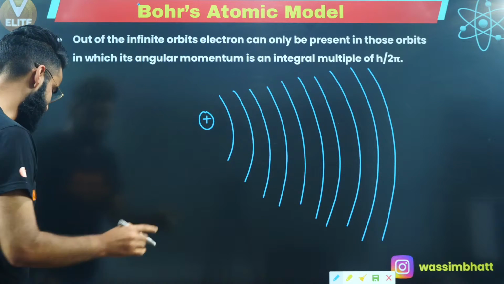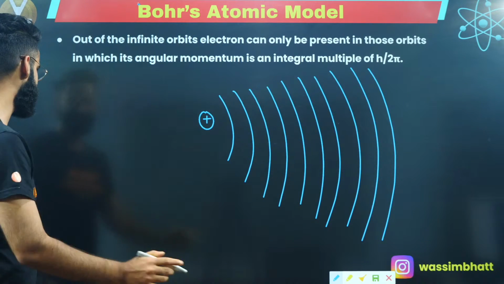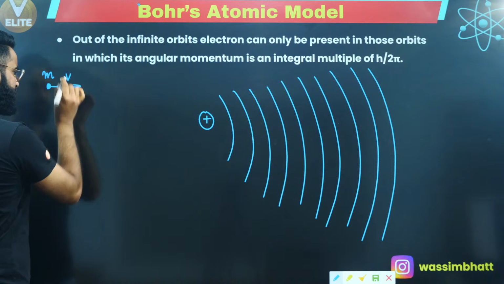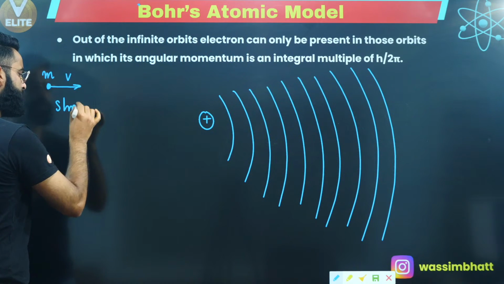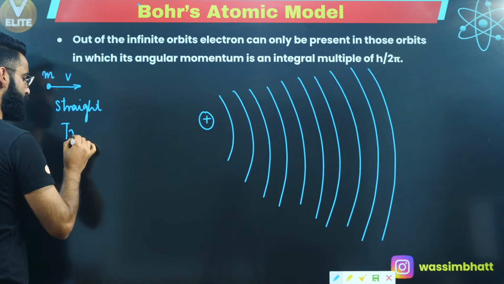Now, first let me give you a quick idea about what angular momentum is all about. See guys, let's say this is an object, it has the mass m, and this object is moving with the velocity v, okay? So this is basically motion in a straight line. Or you call this motion translational motion as well.